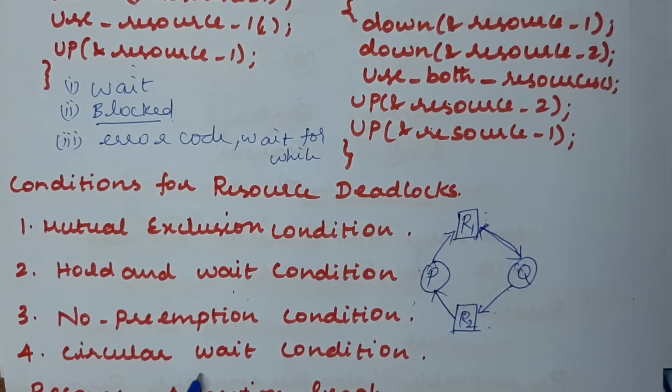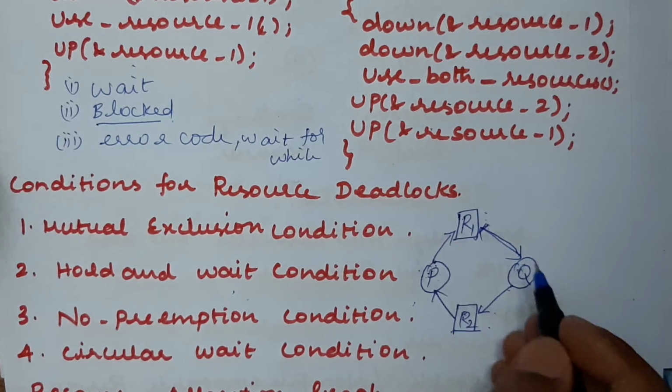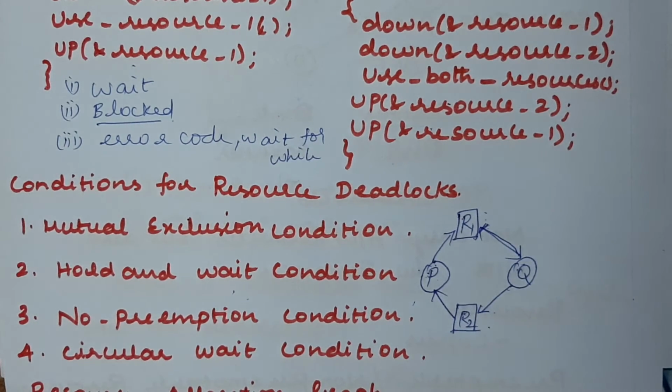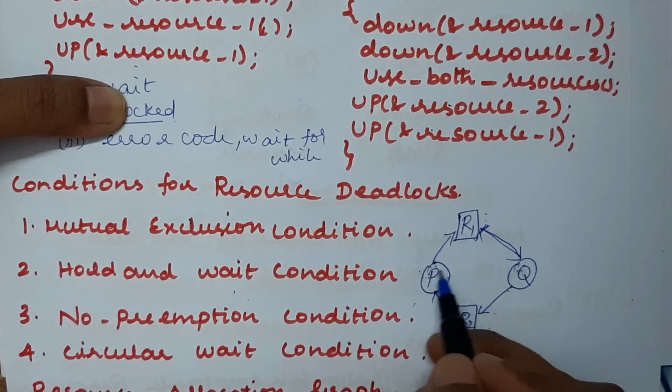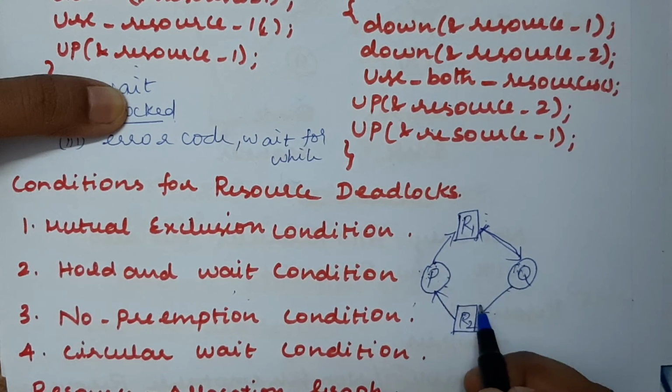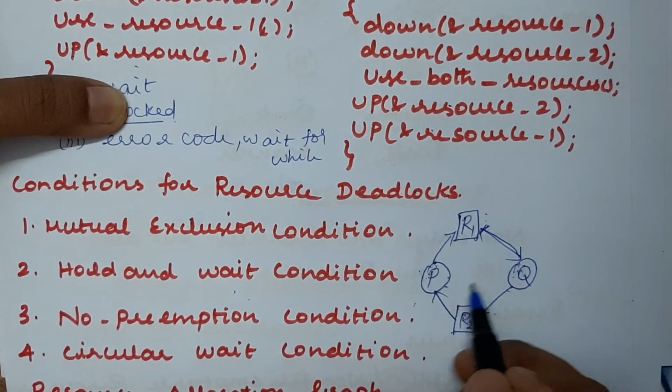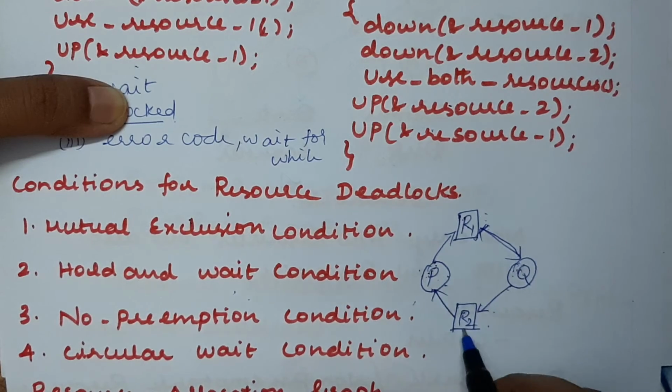Finally, circular wait. In circular wait, one process waits for another process, and that process waits for some other process. Here there are two processes, P and Q. P is waiting for Q to release the resource, and Q is waiting for P to release the resource.